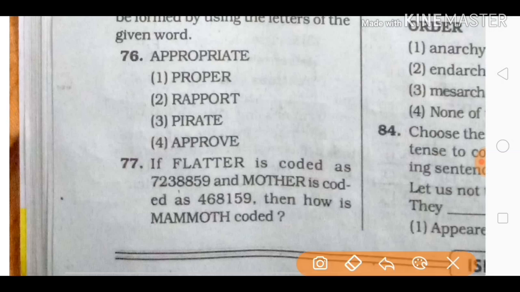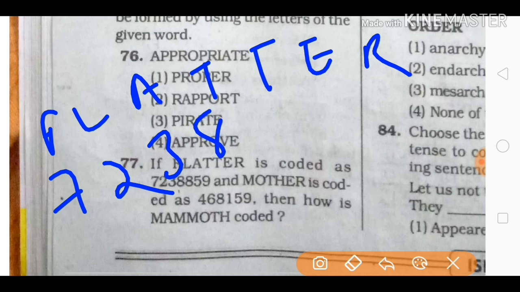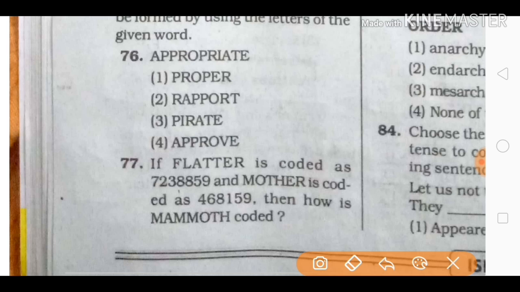The answer is there. What I have to do is just like FLATTER, right? 72385859, and mother is given. All you have to do is just pick the letters and numbers, and just like M, I'm writing the answer of this.